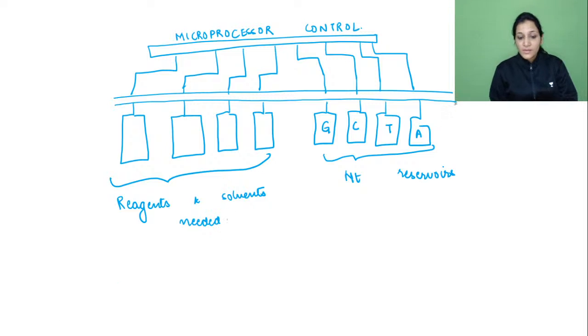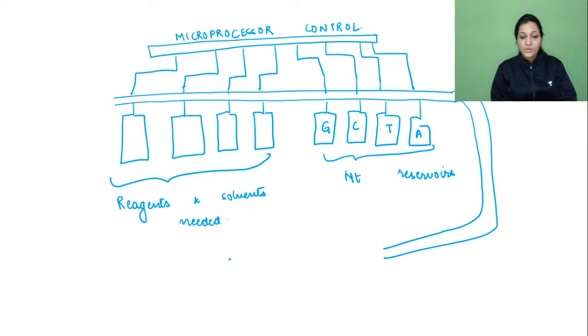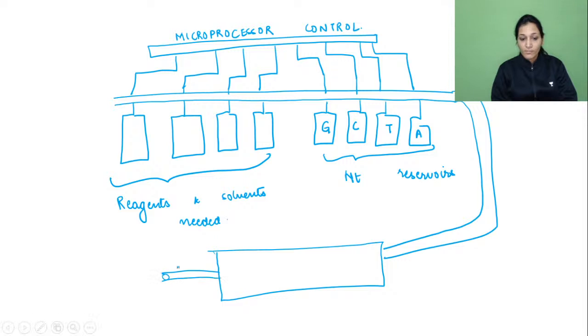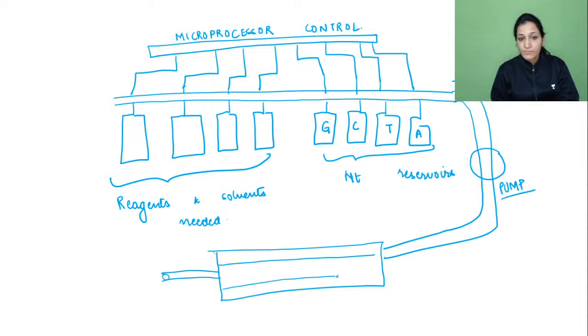Right. Now they are going to go into the cylindrical tube which I told you, which is over here. There will be a pump over here, and they are going to move in this direction. And in this tube there will be silica beads.